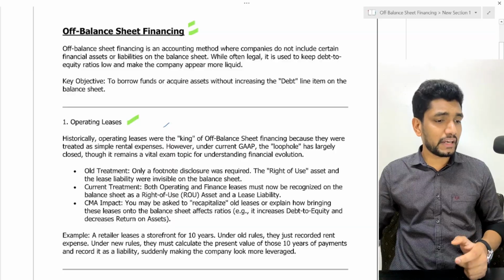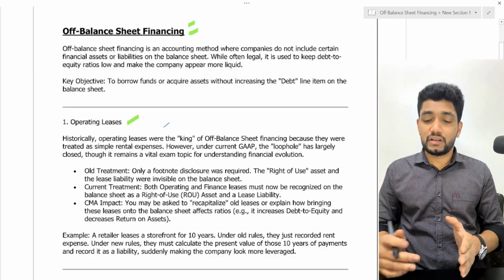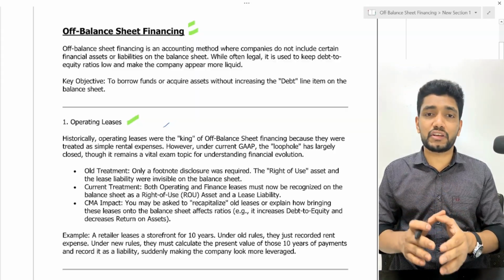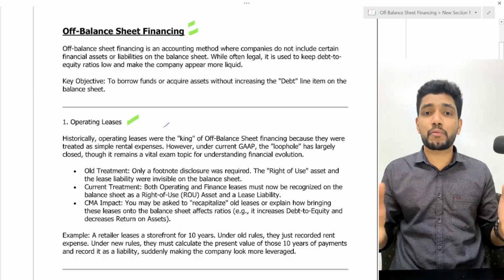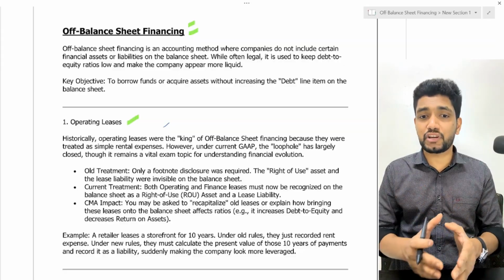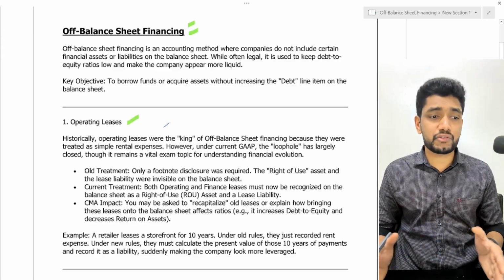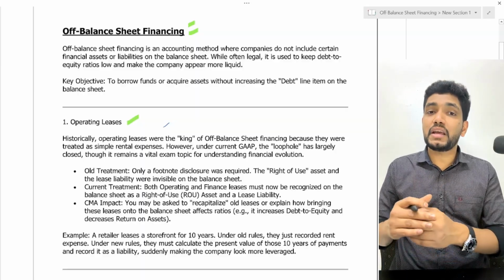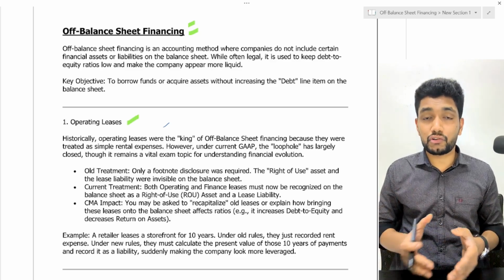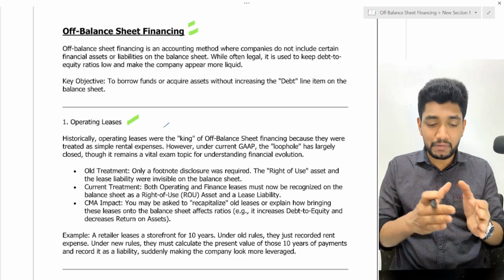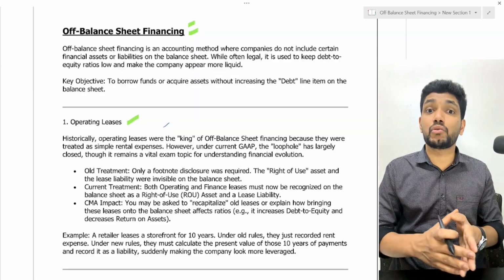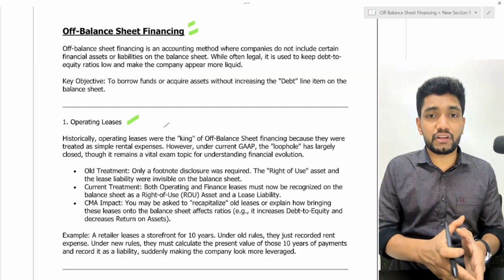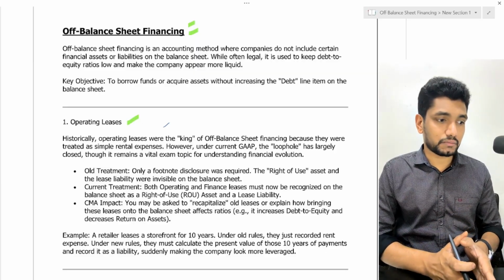As a normal case, for the rental, we will not add this liability and this asset in the balance sheet, but we are just reporting this as an expense in the income statement. As a result, this company can have good asset turnover ratios, because the company is using that asset to create more revenue and more sales, but that asset is not reported in the balance sheet.